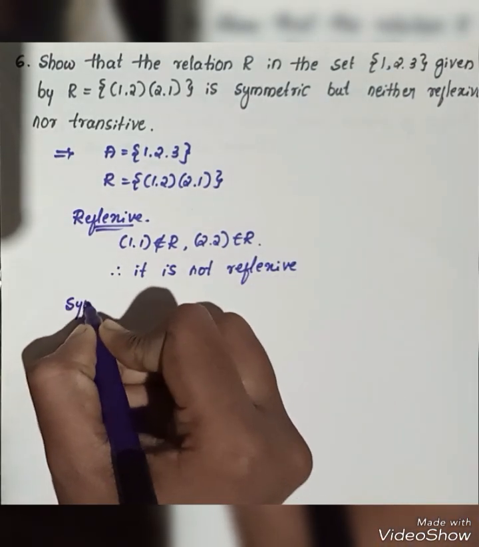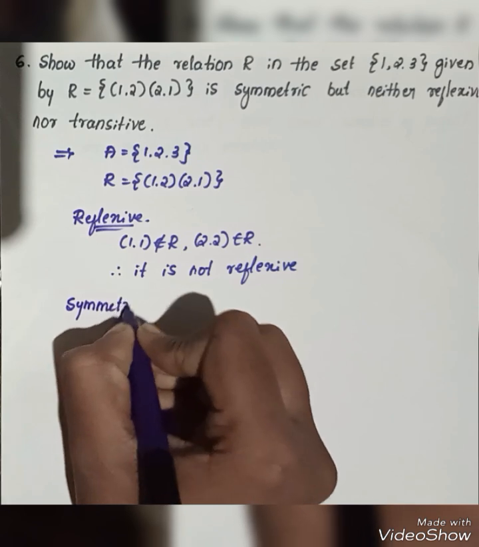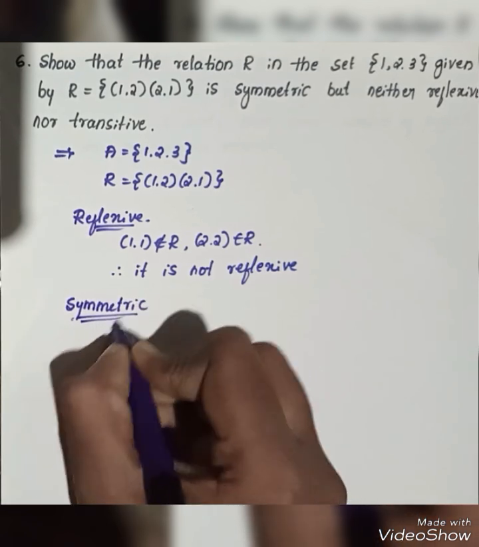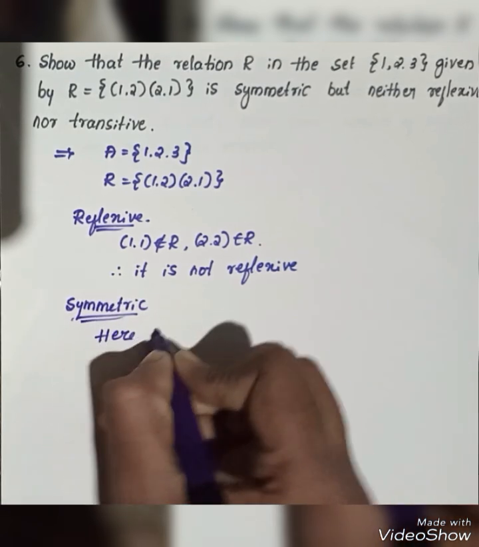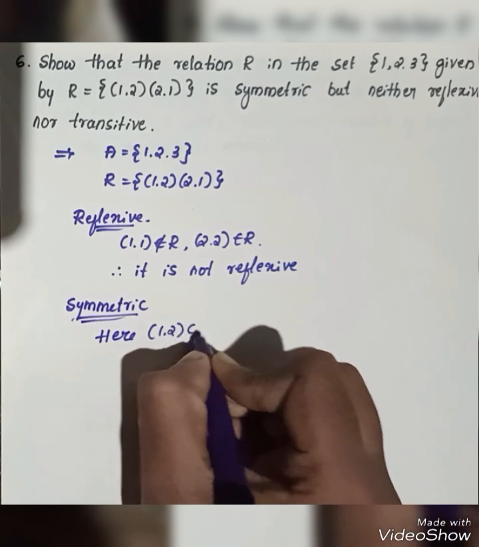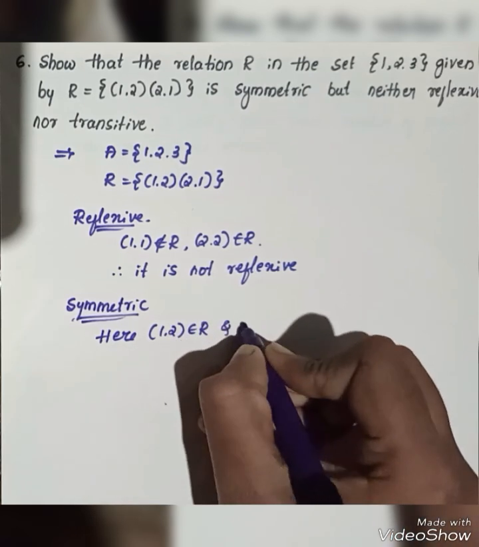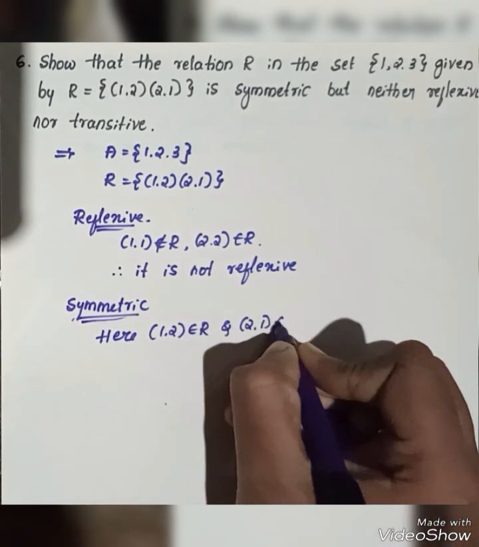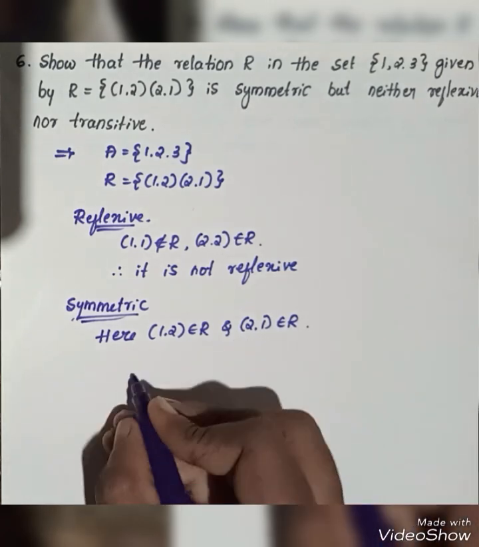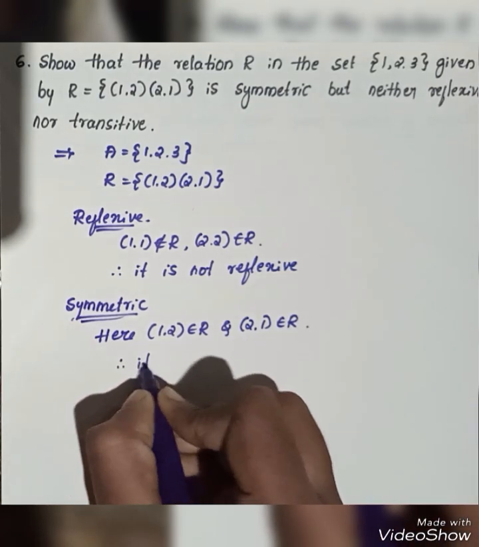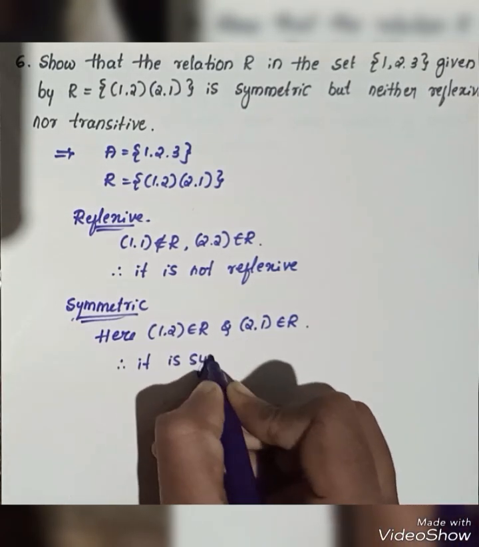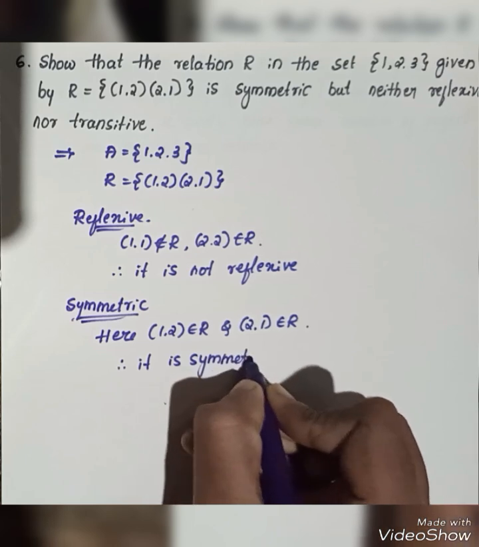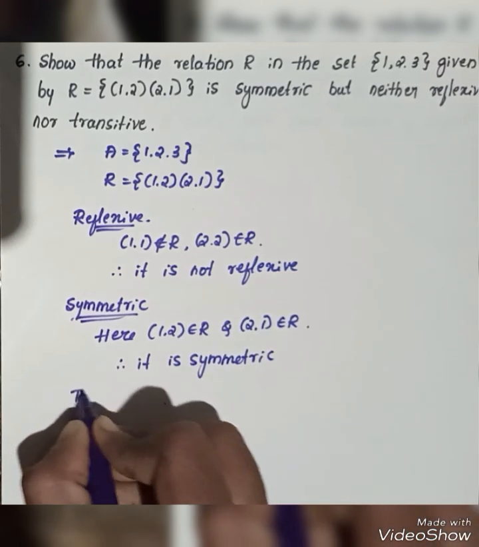Then symmetric. Here (1, 2) belongs to R and (2, 1) belongs to R. The condition is satisfied. It is symmetric. Again for transitive.